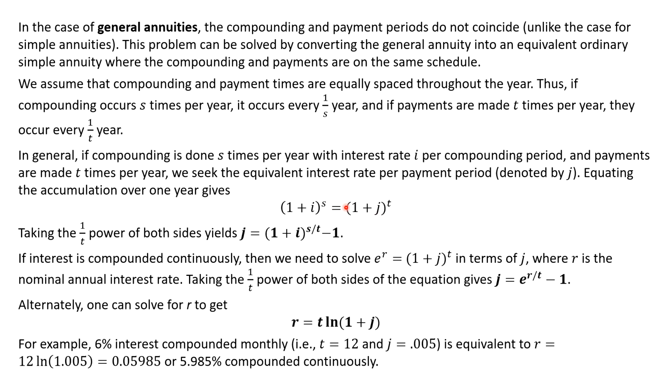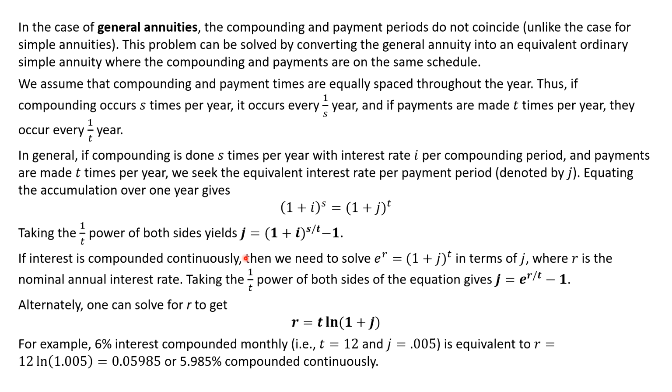Then the easier part is just solving for J. We take 1 over T power on both sides, so that this side becomes 1 plus J, and then this side becomes (1 plus I) to the S divided by T power. And then we just subtract the 1, and we get J.